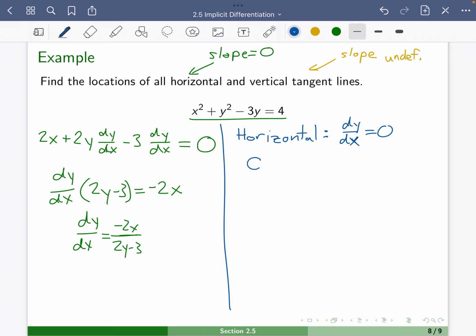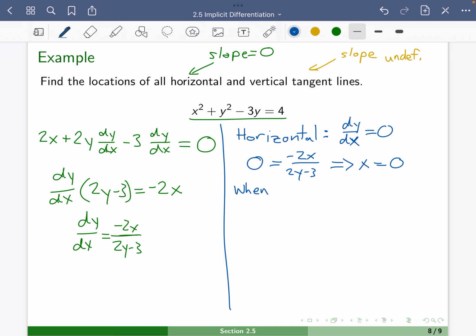So we can say 0 is equal to negative 2x over 2y minus 3. So our x value is going to have to be 0. So when our x value is 0, we are going to have a horizontal tangent line. What is the y value when x is 0?